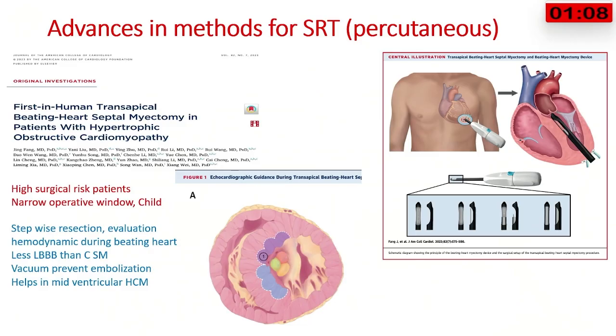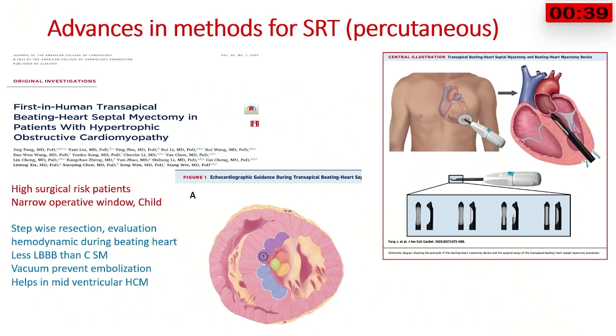Another one of the methods that can be used in myectomy, this is very recent, is the transapical beating heart septal myectomy. It's a special device that can be inserted transapically to the desired area while the heart is beating. So we have continuous monitoring of the hemodynamics, and we can adjust our myectomy according to the needs of the patient.